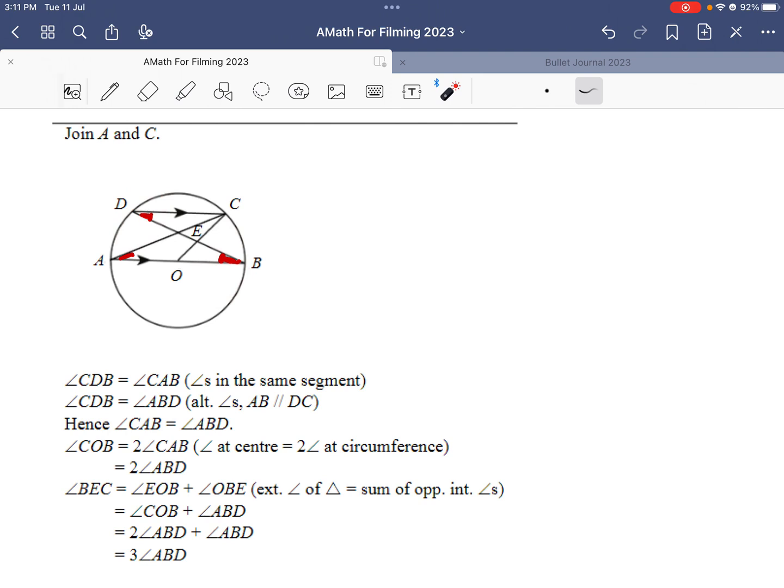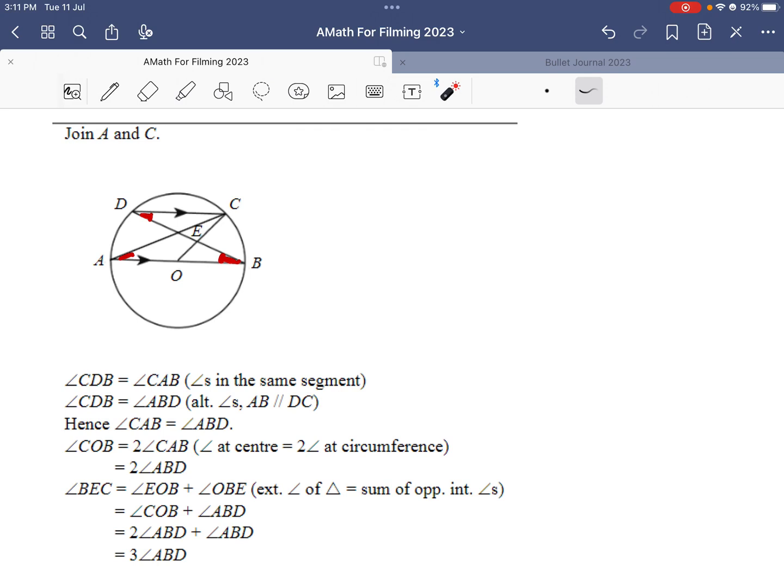I color it red also because these two angles are the same. Also, I know that angle COB is 2 times the angle CAB, or can also be 2 times the angle CDB. Angle at center is 2 times angle at circumference. So angle COB is 2 times angle ABD.